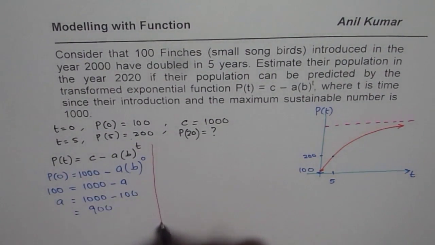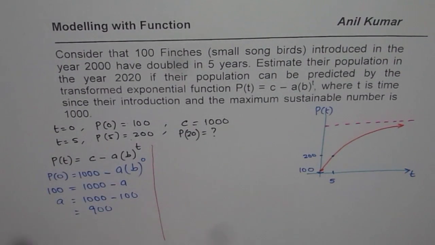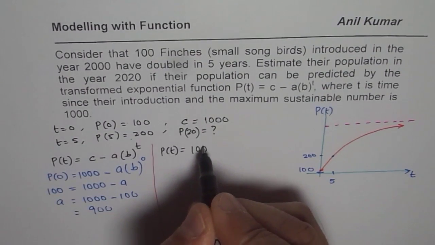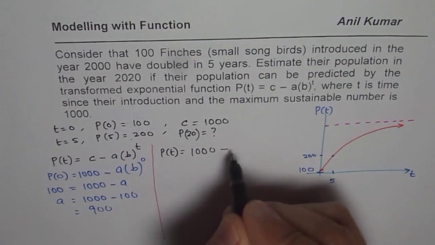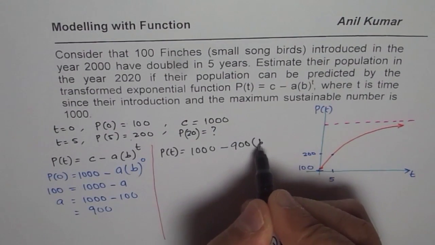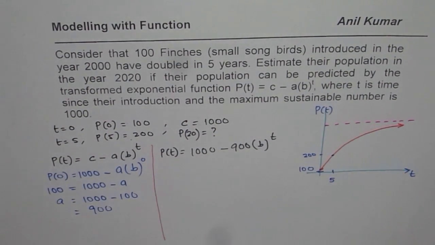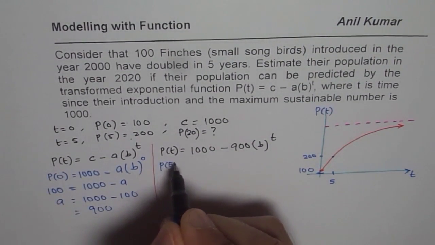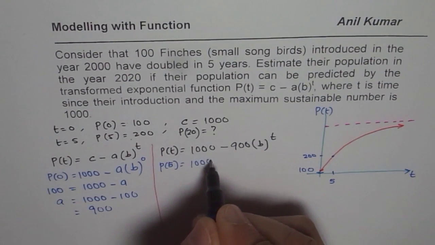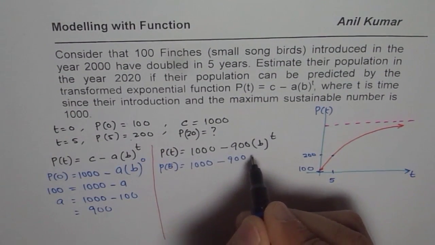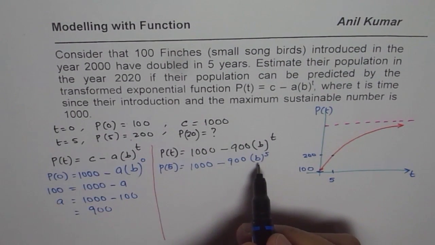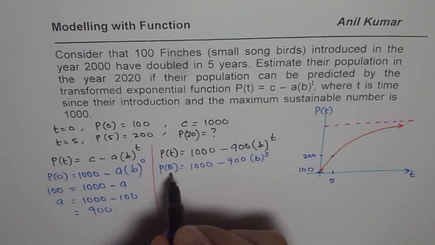Let us continue and find b now. Since we know a, we can write this equation as p of t equals 1000, the value of c, minus 900 b to the power of t. To find b, we can use the second point, that is p of 5. So p of 5 equals 1000 minus 900 b to the power of 5.